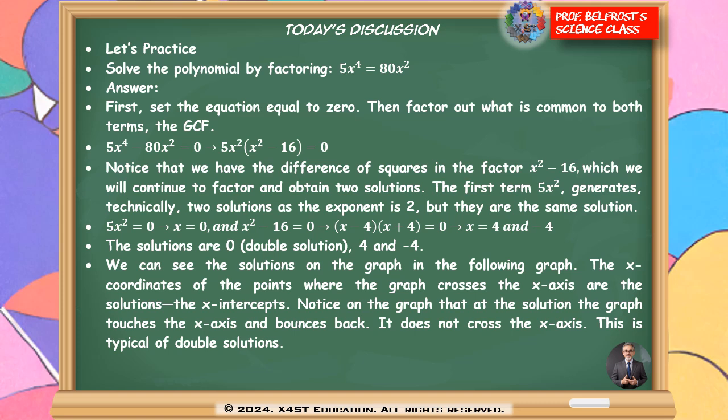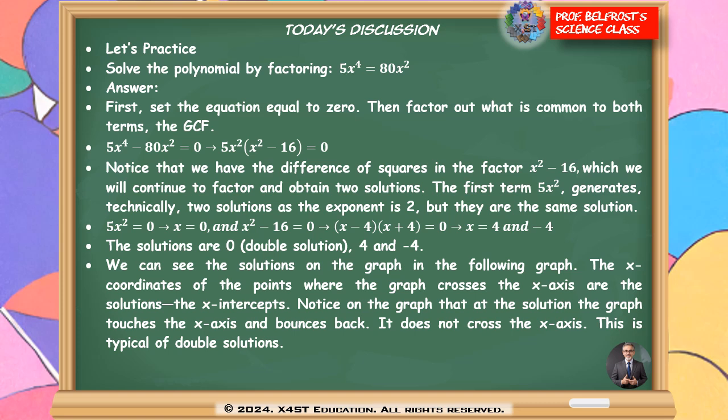For example, we have an equation which is 5x to the power 4 equals 80x squared. First, let's set the equation to 0. Then find the GCF. Here the GCF is 5x squared. So factor, and we get 5x squared times (x squared minus 16). It's clear that x squared minus 16 is much easier for us to solve. x squared minus 16 can be factored into (x minus 4)(x plus 4).